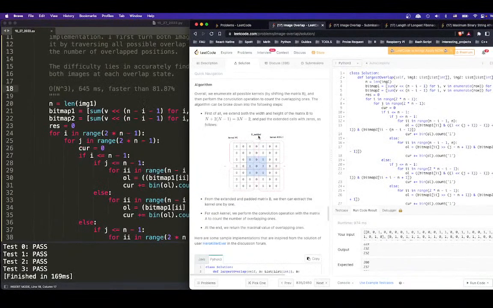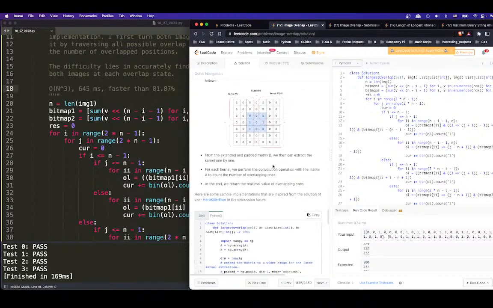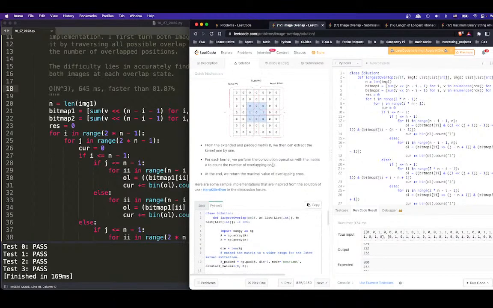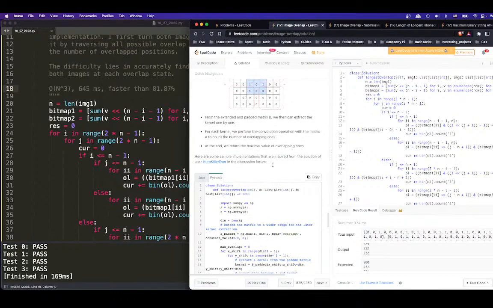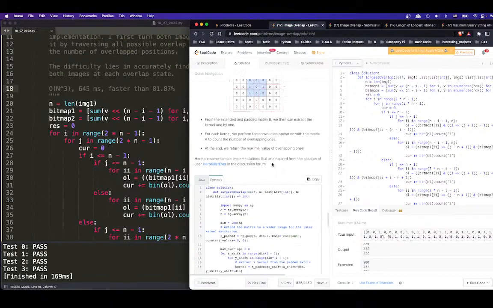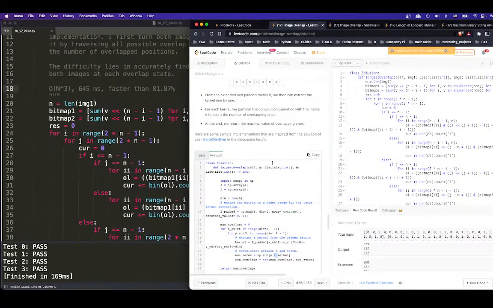So we pad B into this giant thing, and then we just shift inside. Yeah. And then we shift, and then we get the kernel, and then we do.